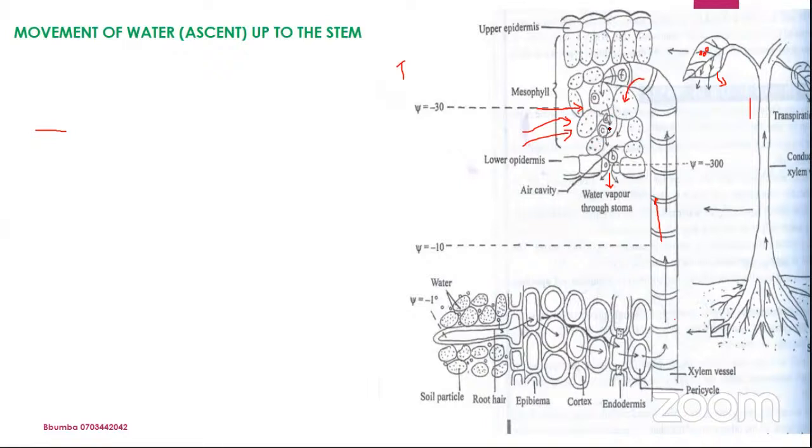Okay. And when these cells gain water and the stomata open, they can lose more. And then again, water is going to come from the xylem to replace this.